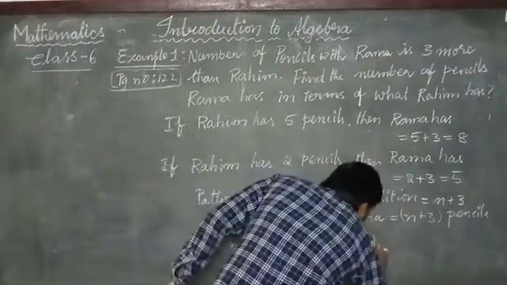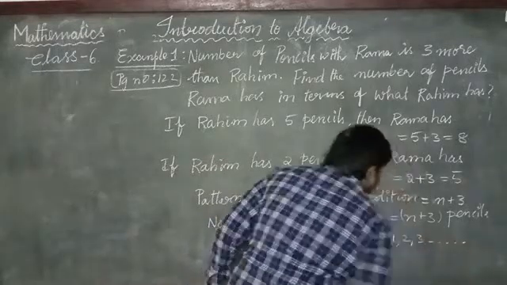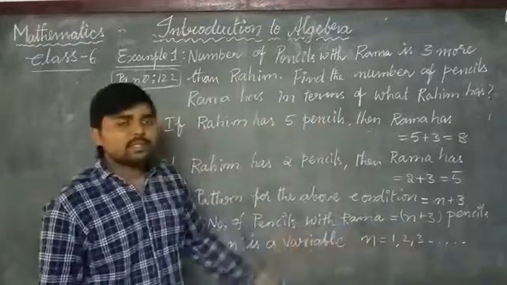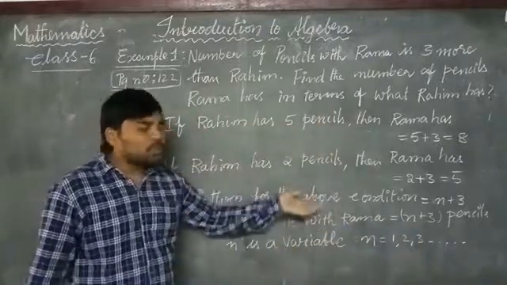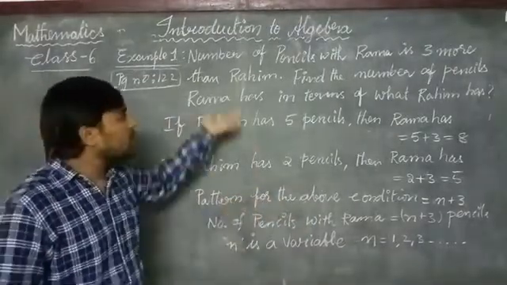N has different values, that is 1, 2, 3 and so on. And so on means so many values, not unknown values. In this way we can write algebraic expressions for the given conditions.